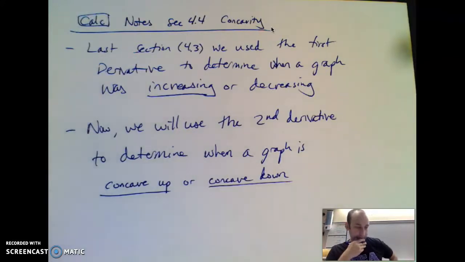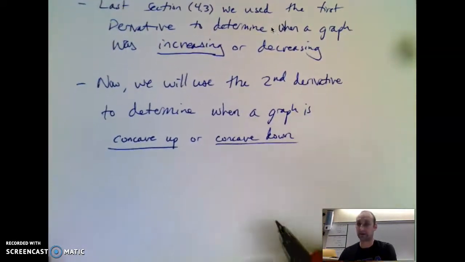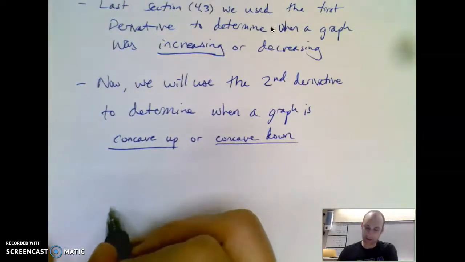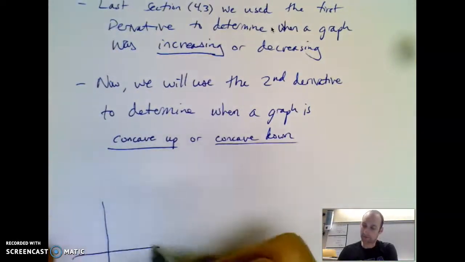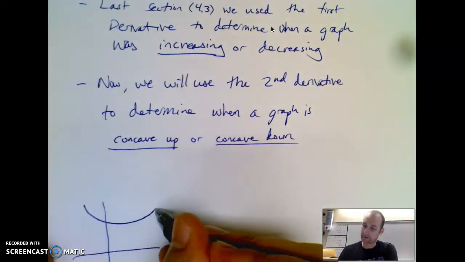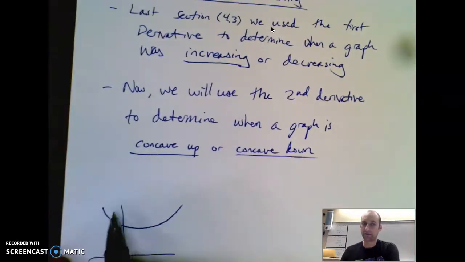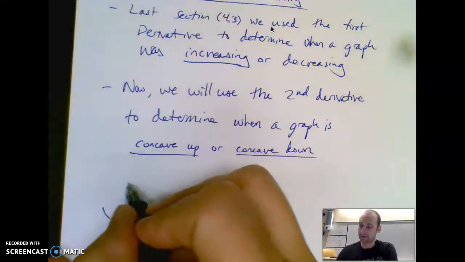All right, so what the heck is concave up and what is concave down? It doesn't have to do with whether the graph is going up or down. It has to do with the curvature of the graph. So what does concave up look like? Well, I have a good way to remember this. A graph, when it's curved up, sometimes it's going down and sometimes it's going up, but this whole chunk of the graph is concave up.